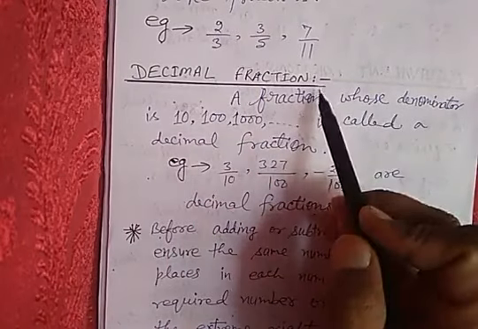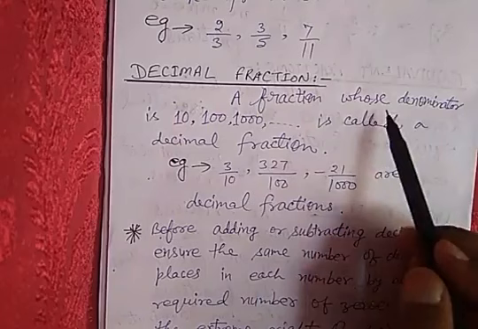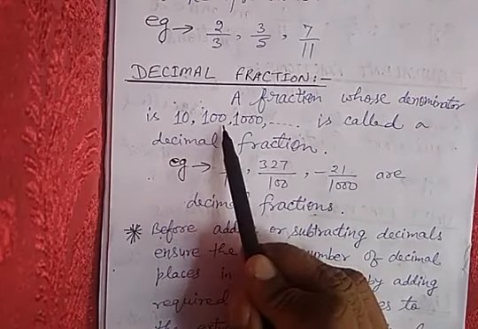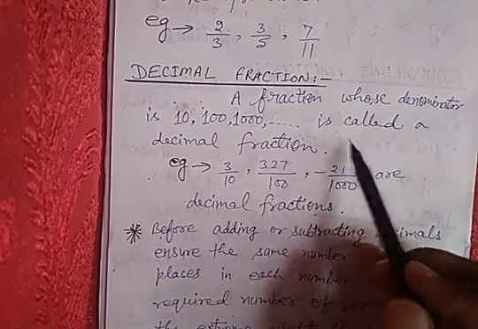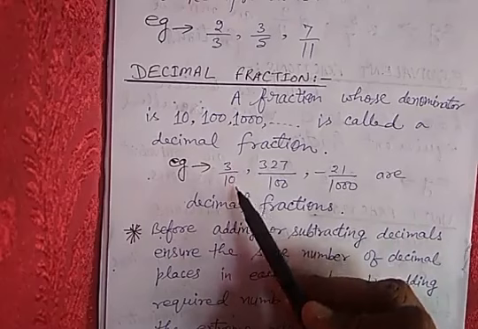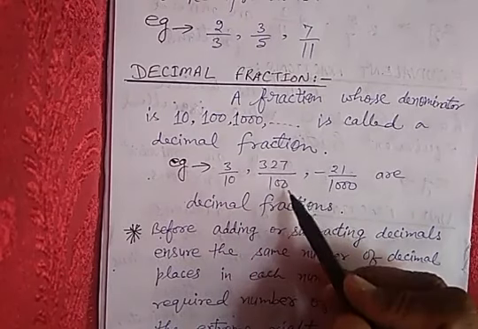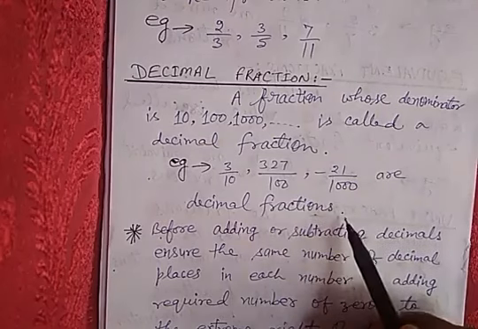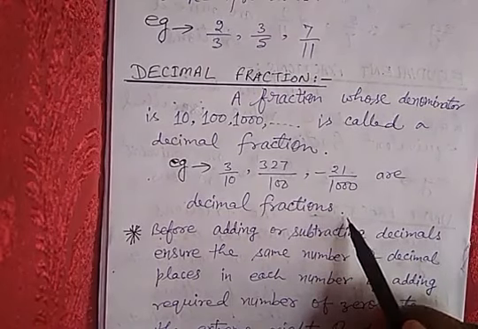Now, decimal fraction. A fraction whose denominator is 10, 100, 1000 is called a decimal fraction. For example, 3 by 10, 327 upon 100, minus 21 by 1000 are decimal fractions.